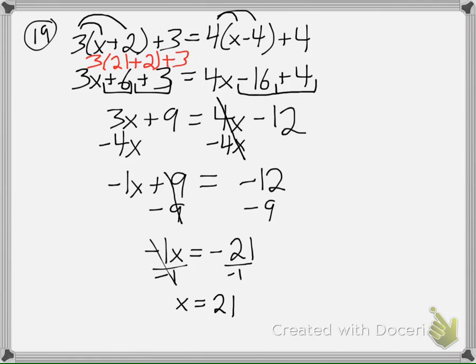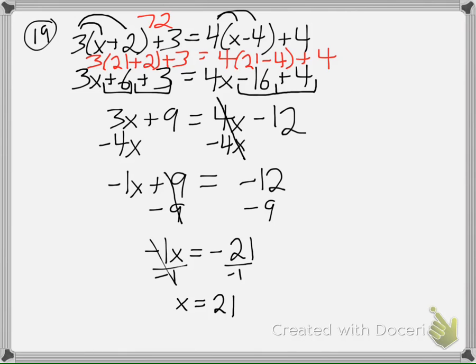I do the parentheses first, so 21 plus 2 is 23, then I multiply that times 3, which gives me 69, and add 3 to that, which gives me 72. So on the left-hand side, if I plug in 21, I get 72.